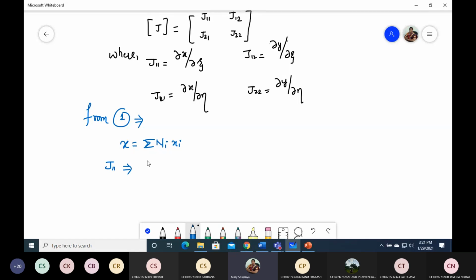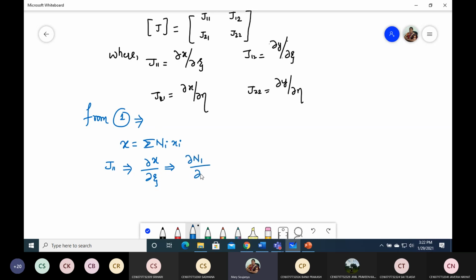It means I need to do the partial differentiation of x, that is, partial differentiation of x with respect to dou xi. So what will this become?